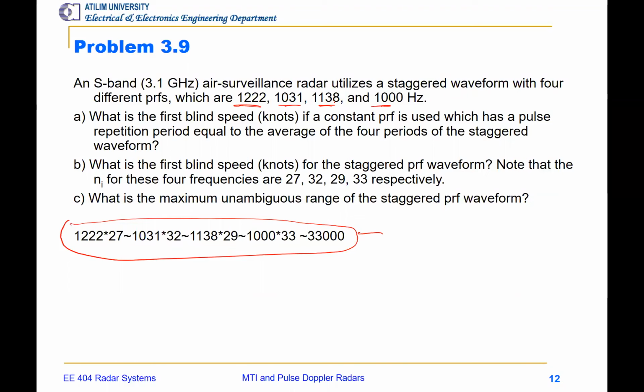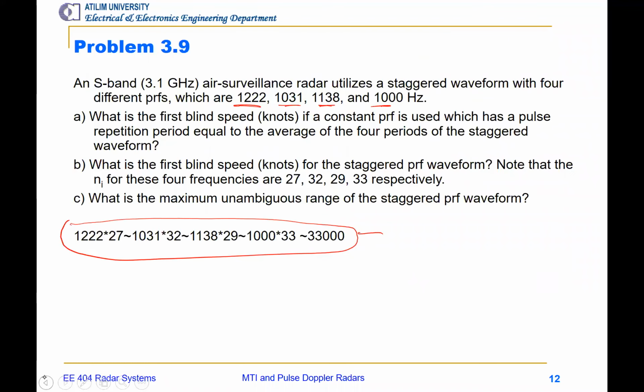The first blind speed is asked, and this shows how much you change the first blind speed, push the first blind speed from a value that we have, just like we have calculated, we have determined in the previous slide.